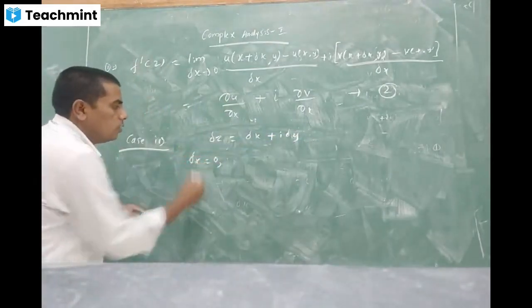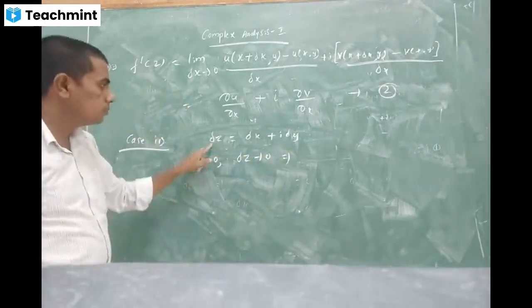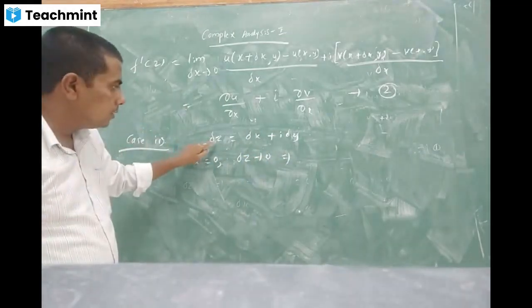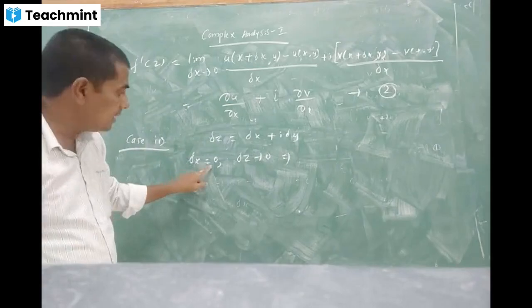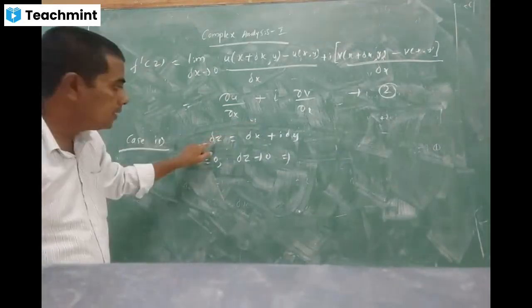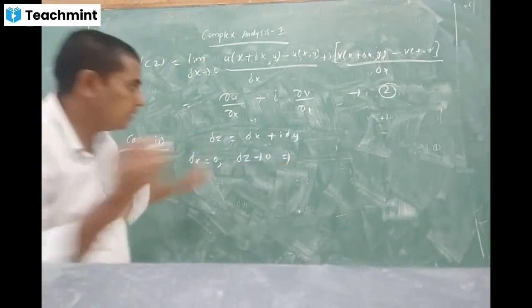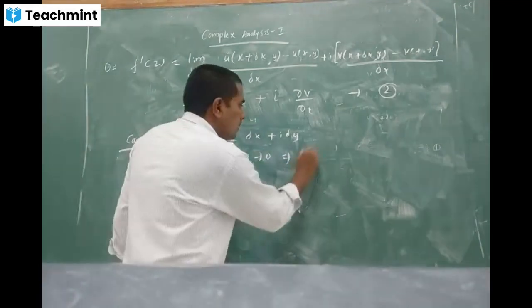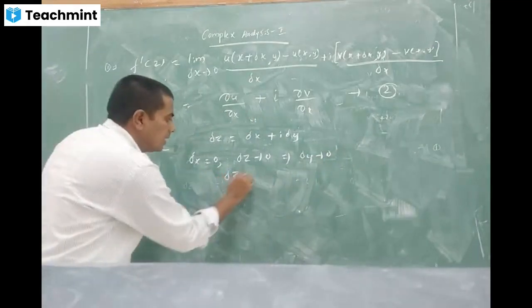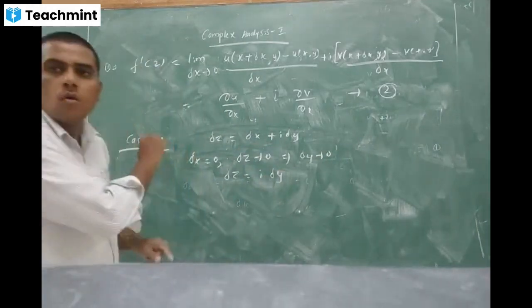Delta x is equal to 0, so this term becomes 0. Now, what should I write here? I delta y. Very good. Delta y tends to 0 when delta x is equal to 0, which means delta z is equal to i into delta y, right?